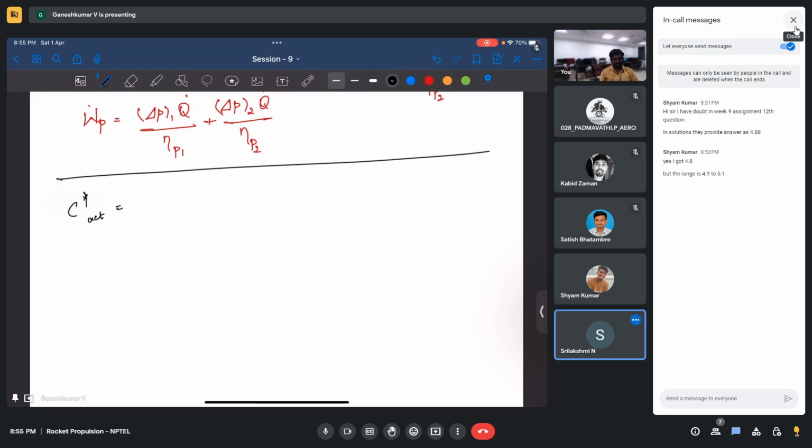Is it the same with Kabid also? Let me see, I have to check it too. What I believe is that it comes from the relation, and it is nothing but V by gamma square C star, right?